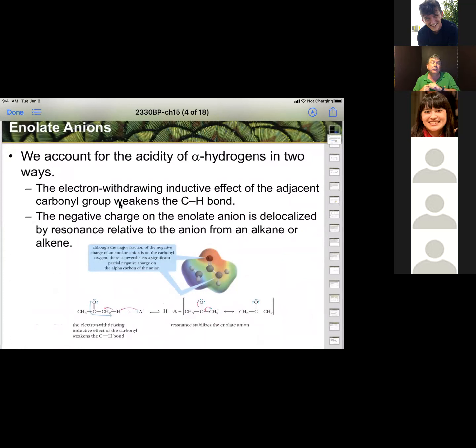Anytime it makes it easier to form a negative charge, the hydrogen becomes more acidic. And we can help this using a resonance stabilized material where we're trying to stabilize the charge on both the carbon and on the carbonyl oxygen. So let's see what that looks like.